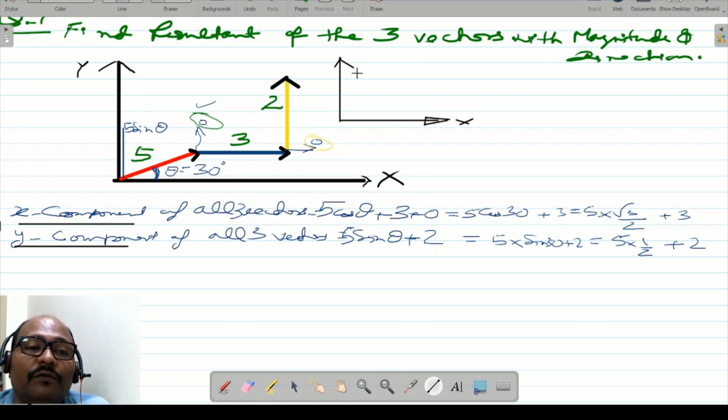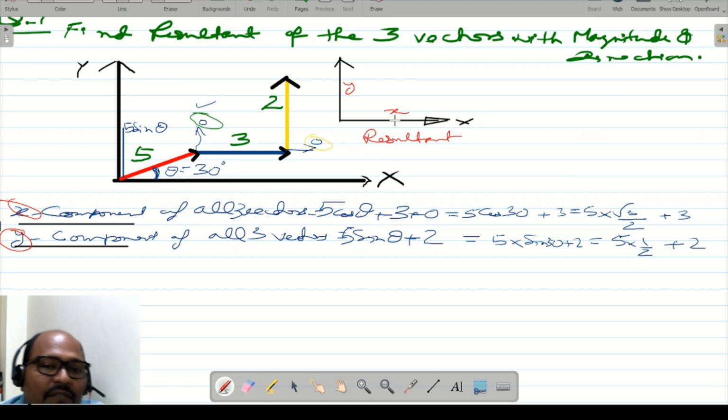Don't get confused between all these. Okay, this is our component, which is just represented over here. Let me mark it very clearly so that you will not get confused. This is the x component and this is the y component of the resultant, right?